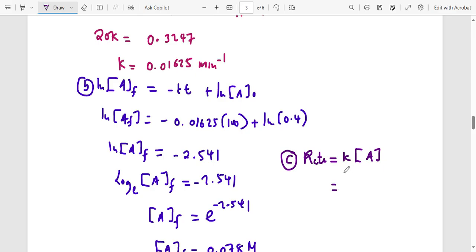Now we've already determined k and we found 0.01625. What is the initial concentration? It's 0.4. So therefore our initial rate is going to be 0.0065. Concentration is in molar, time is in minutes. That is how you find this one.